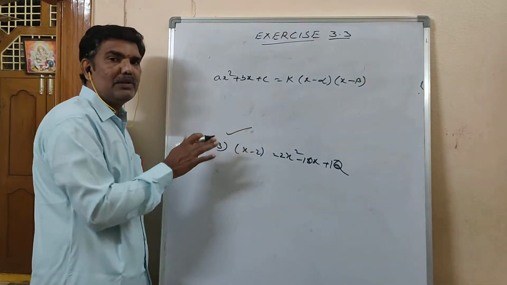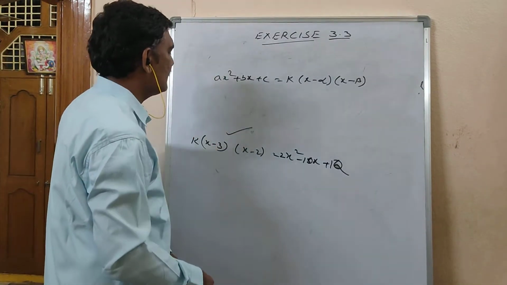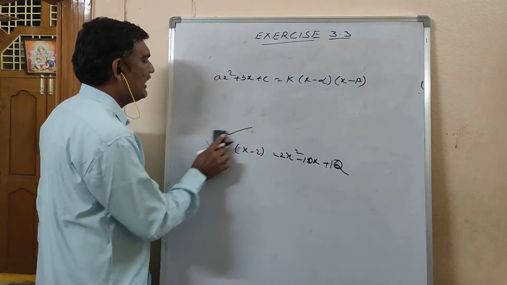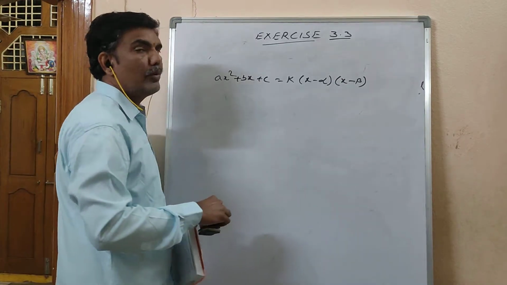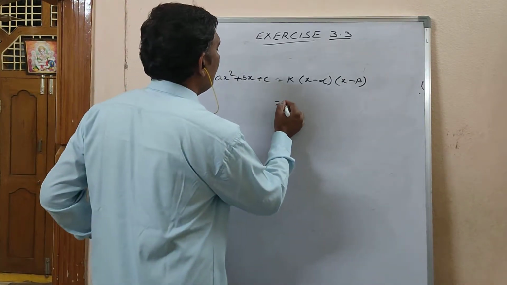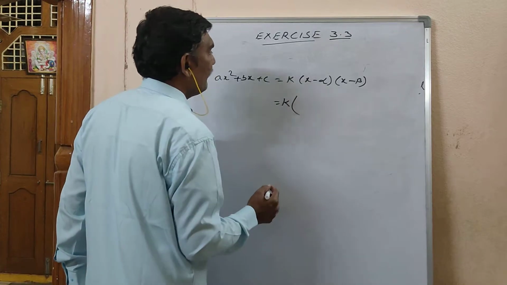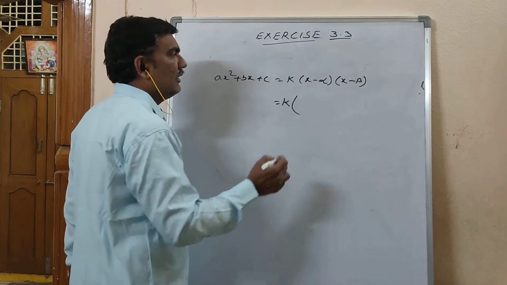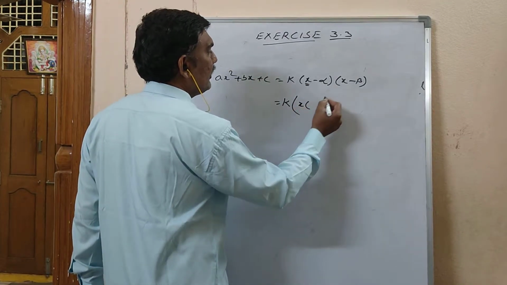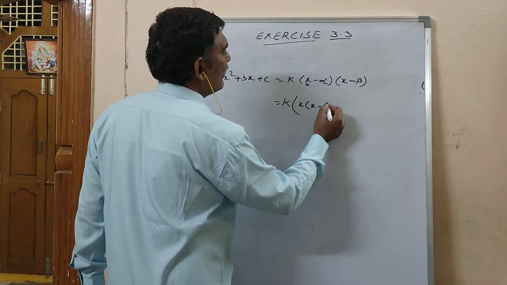Now what you have to do is simplify the RHS. How to multiply two polynomials? As I already said, k I am keeping like this only. X minus alpha into x minus beta, these two I have to multiply. So first term x into the bracket x minus beta.